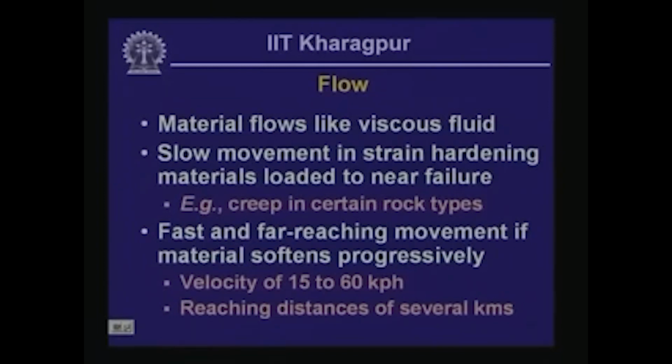In that case, the movement is very slow, but typically flow slides are very fast and far reaching if the material starts to soften progressively as the movement takes place. In this case, you could reach a velocity of between 15 to 60 kph, and this type of flow slide could reach several kilometers downslope.